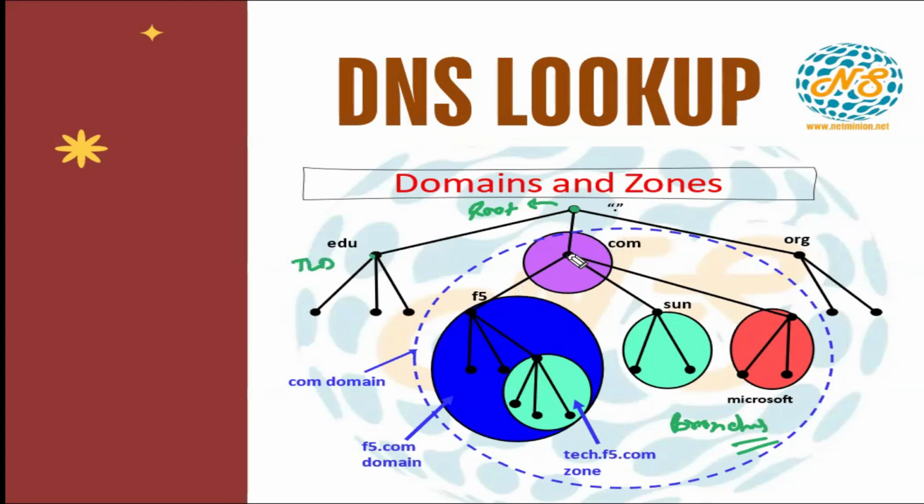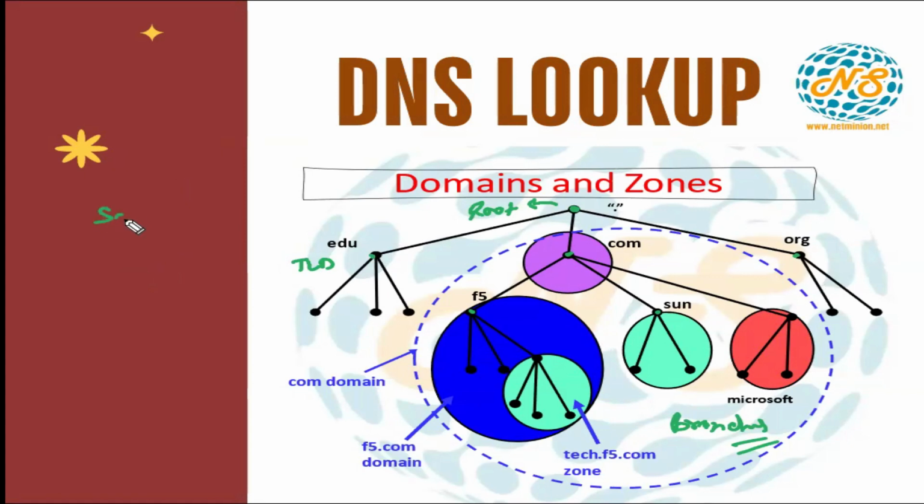It can be edu, .com, .org, anything. After that, you can have f5.com, sun.com, netminion.com, anything. Within F5, within this domain, there can be a lot of zone files. What the zone files are, we will talk about, don't worry. There can be a lot of zone files depending upon the area.